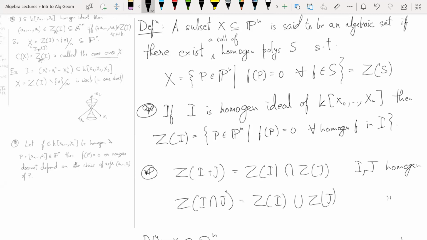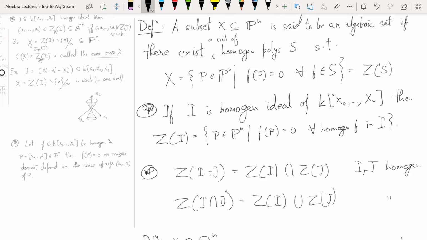Zero or non-zero is well defined. The value of F(P) as such is not well defined, particularly if it is non-zero, but whether F(P) is 0 is well defined. And that is called the zero set of S, where S is a collection of homogeneous polynomials.